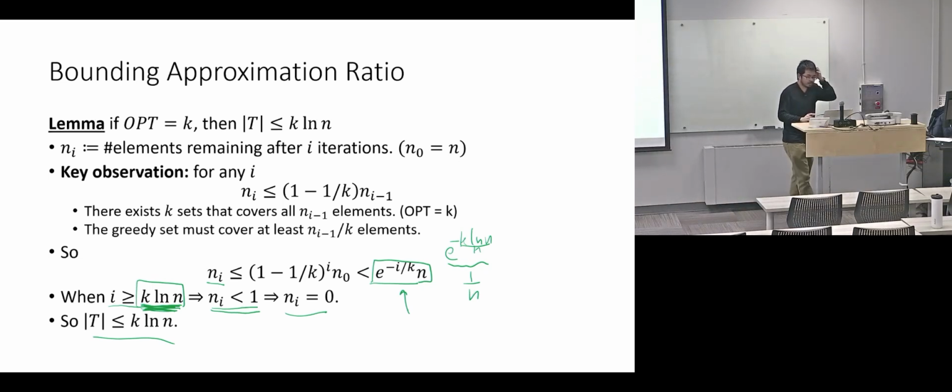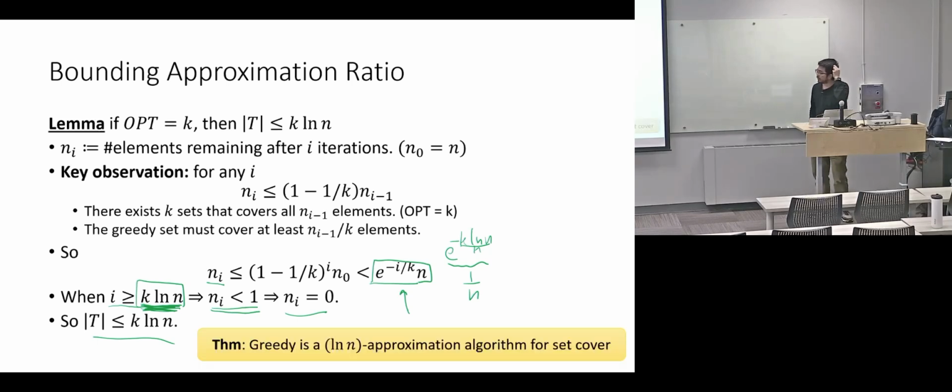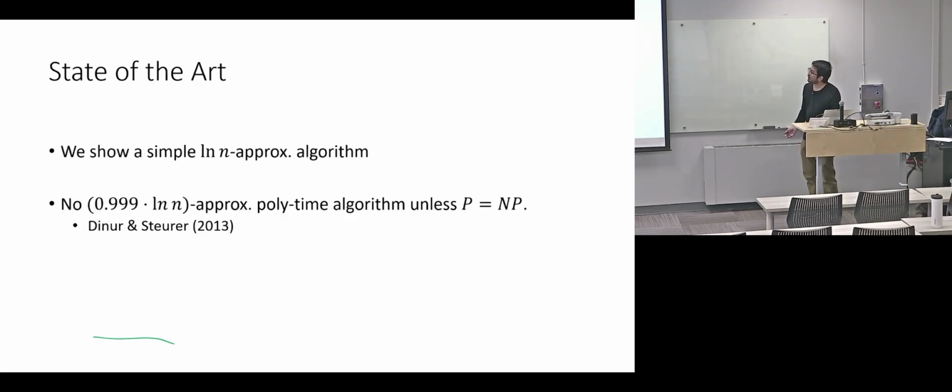Okay. So this greedy algorithm is a deterministic ln n approximation algorithm. It's a simple algorithm. Can we do better? Surprisingly, it turns out that it's not the case.